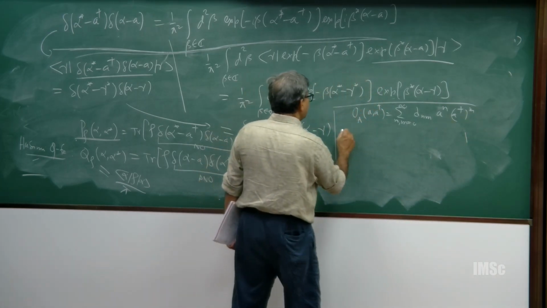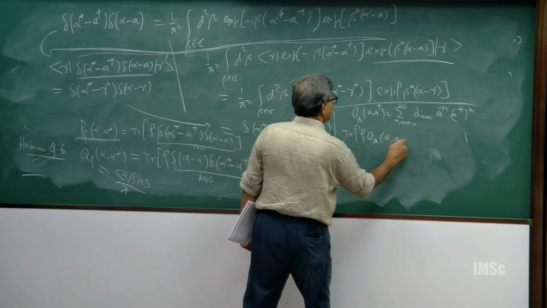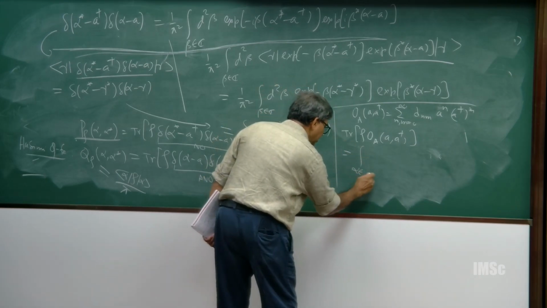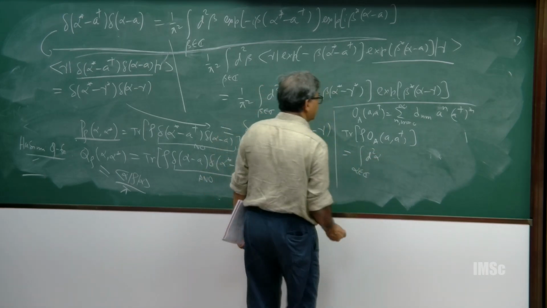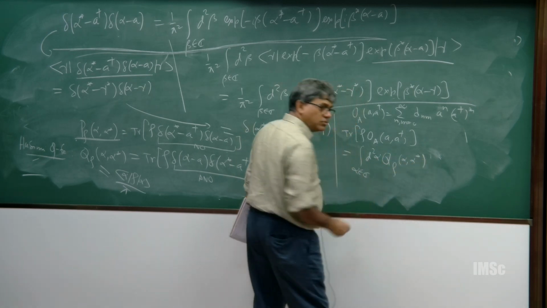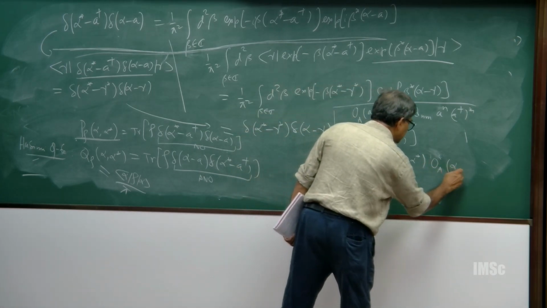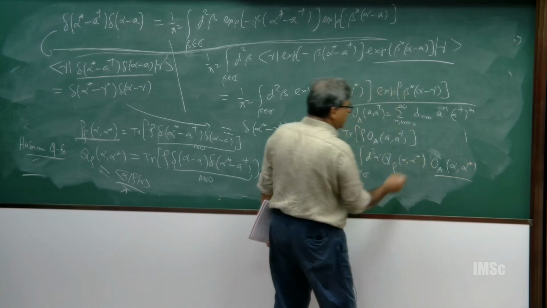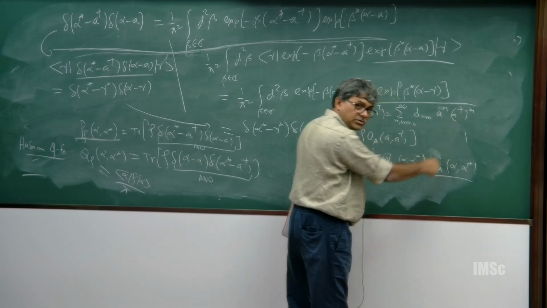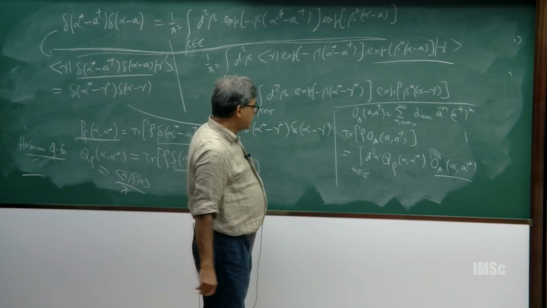Then if you take the trace of rho O, you can express it as earlier, integral over alpha belonging to C, d square alpha Q of rho of alpha, alpha star, which is the distribution function, times the corresponding functional form. And what is this? This is just replacing A by alpha, A dagger by alpha star. Okay. So, this is what we do in classical statistical mechanics, right.